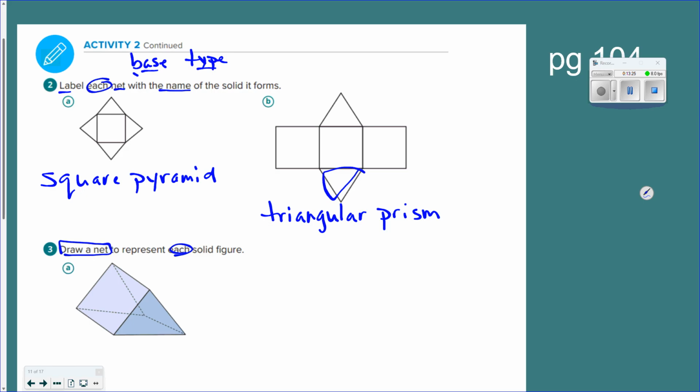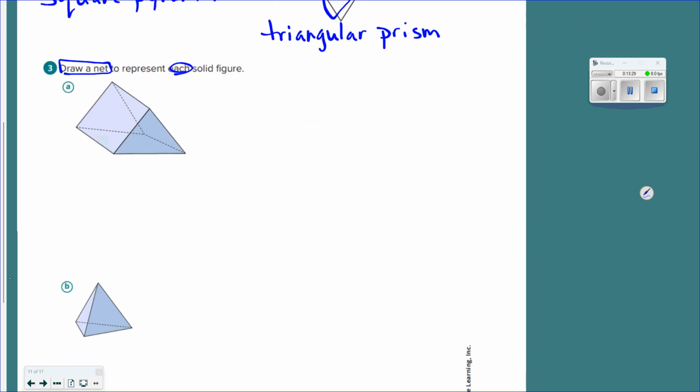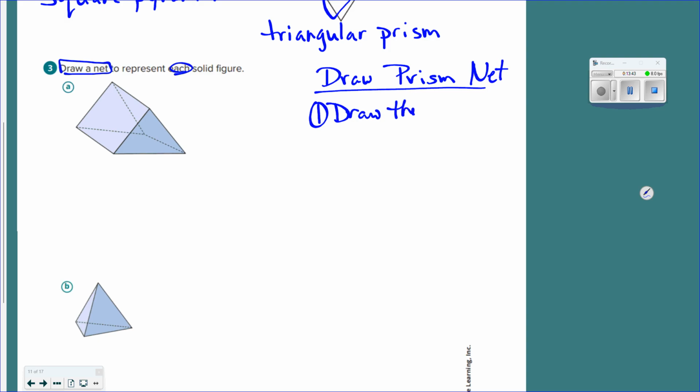Now we give you guys a quick algorithm for actually drawing the net. So I'm going to draw a prism net. First, draw four rectangles.